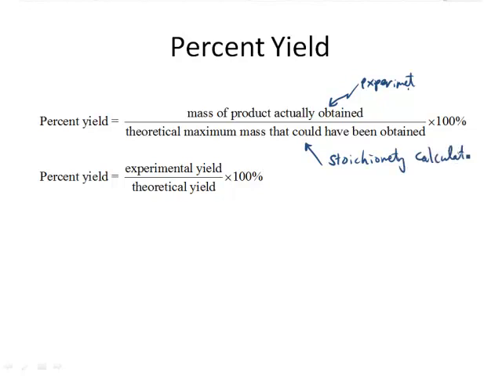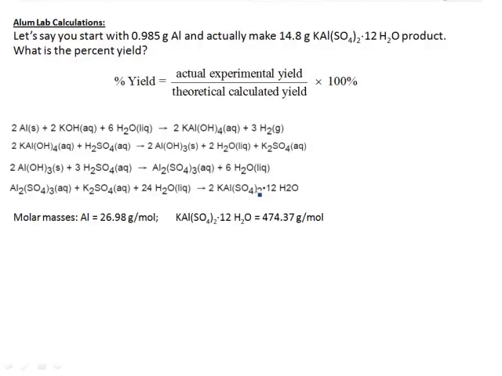So when you do your homework and it says, this many grams of that, this many grams of that, how many grams of product do you make, the result of that calculation is the theoretical yield. And then you divide those two and times by 100, and that gives you the percent yield.